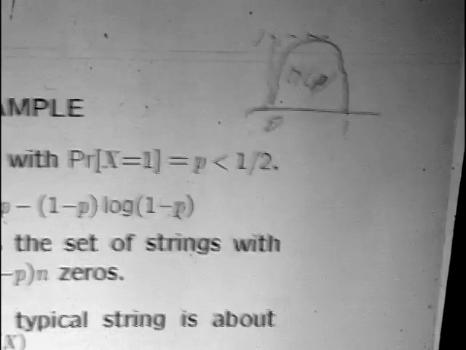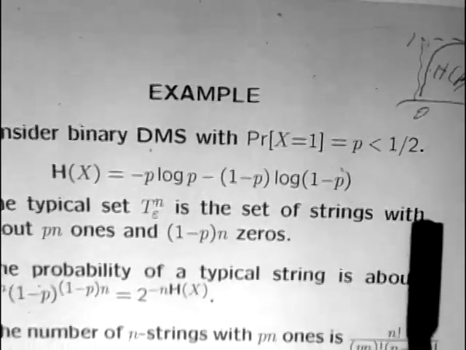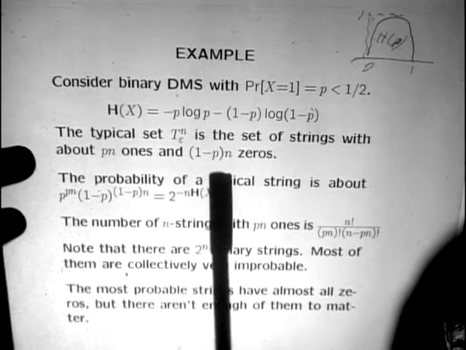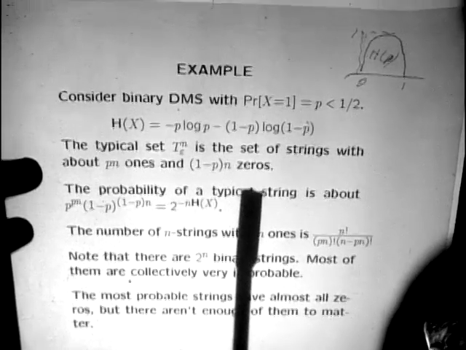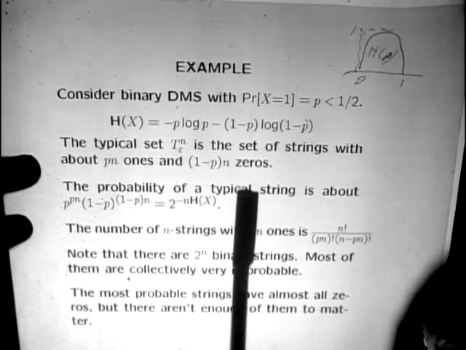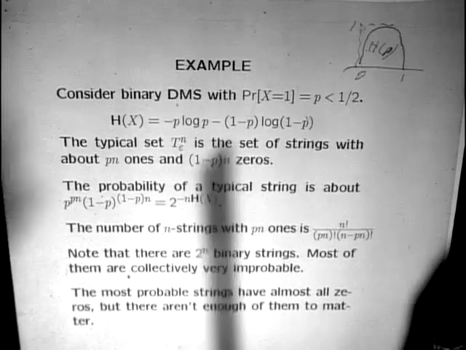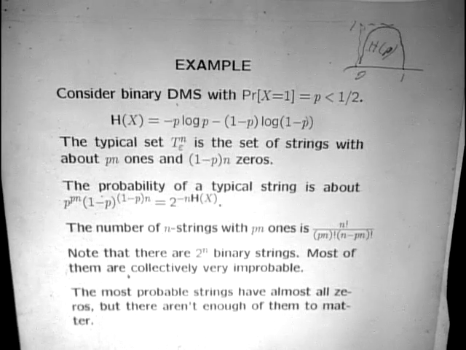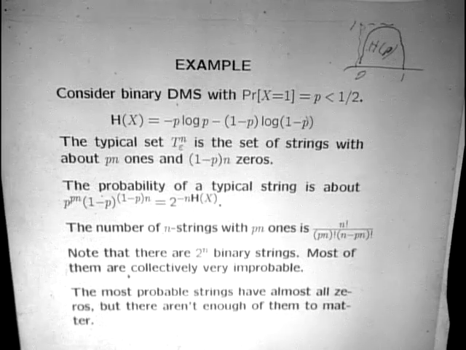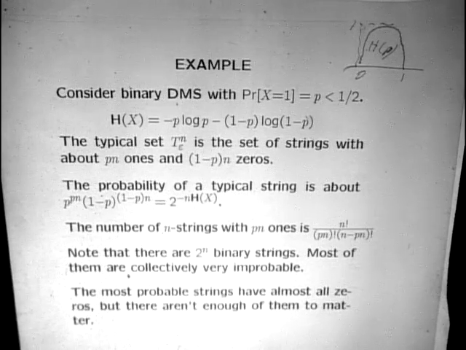Okay, the typical set T epsilon n is the set of strings with about pn 1s and about 1 minus p times n zeros. In other words, that's the typical thing to happen, and it's the typical thing in terms of this law of large numbers here, because you get 1s with probability p, and therefore in a long sequence you're going to get about pn 1s and 1 minus p zeros.